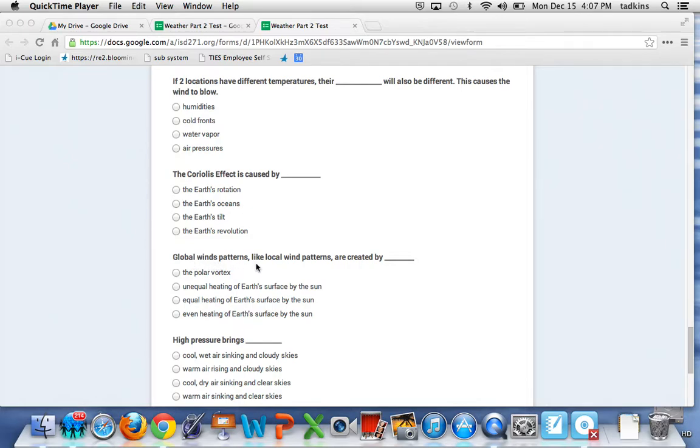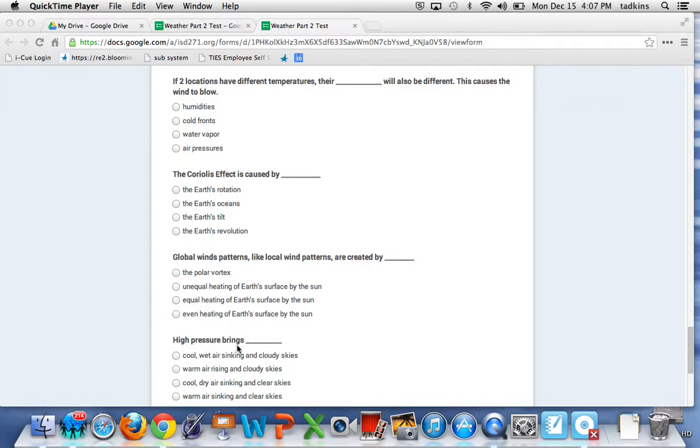They are created by equal heating of the Earth's surface by the sun. They are created by even heating of the Earth's surface by the sun.